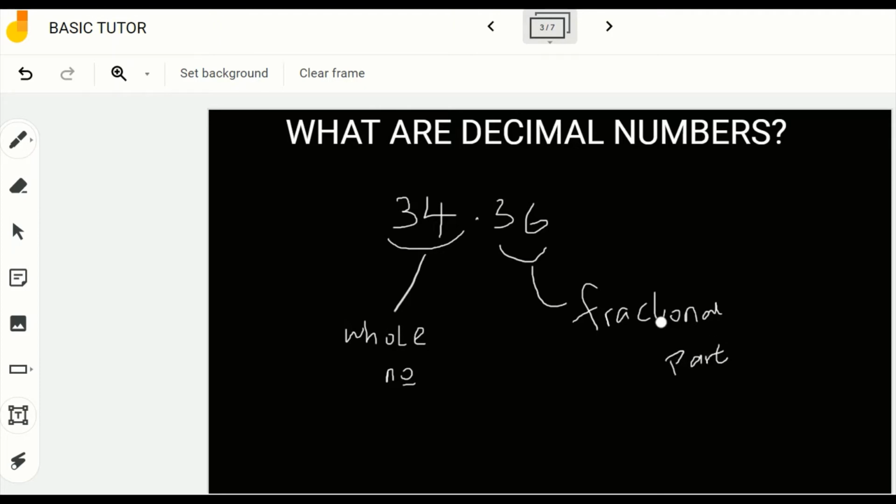So what we are saying here is this: our decimal number can have one or more digits to the right of the decimal point. So this period right here is called the decimal point.